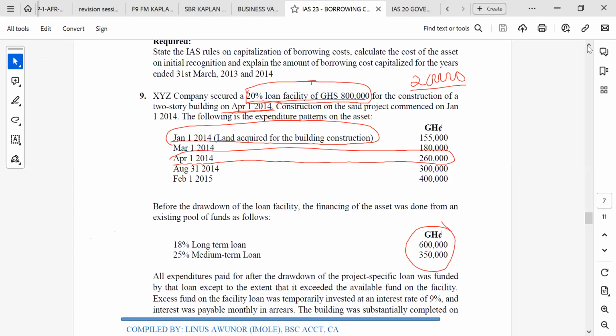But they will still continue using their existing borrowing, so they won't touch this amount. Since they haven't touched this amount, the interest from January to the time they touch it will be expensed, because no expenditure on borrowing costs has been incurred on the assets. We haven't used any amount of that particular loan on the assets.